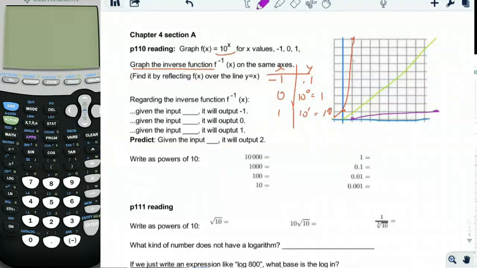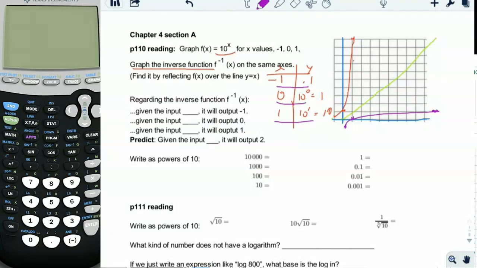I took the point 1, 10, and changed it into 10, 1, that's here. I changed the point 0, 1 to 1, 0, which is here. And now I'm going to take the point -1, 0.1 and change that to 0.1, -1, so that would be about there. Okay, so that's the reflection.